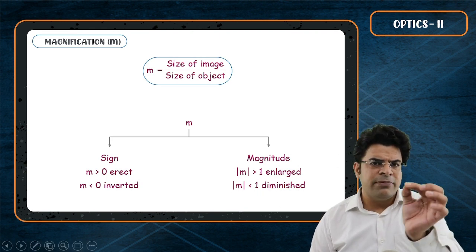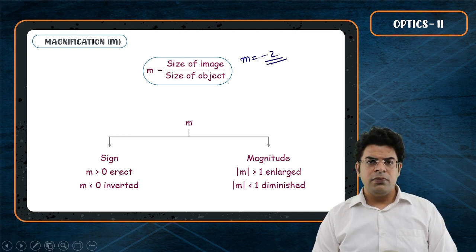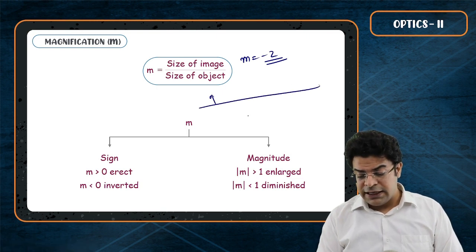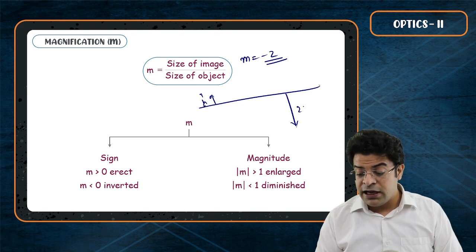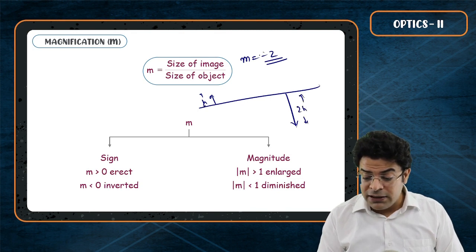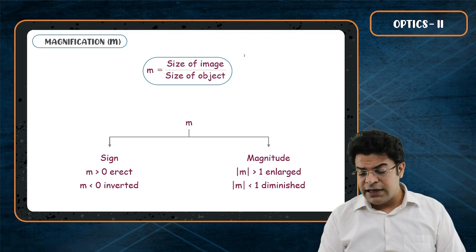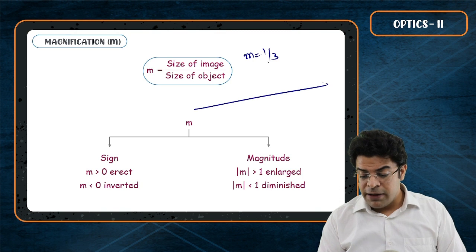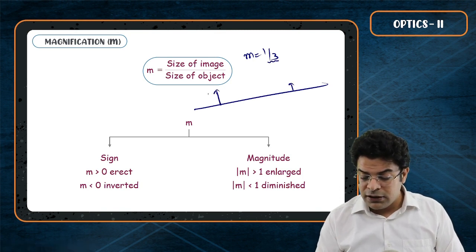So let's take some example. If I say that the magnification came out to be -2, it means that the image has double the size that of object. So if the object has a height h, image has a height 2h, and the minus sign tells us that the image is inverted. If I tell you that the magnification is 1/3, you will say that the magnification of 1/3 means that the image has got 1/3 the height of object.